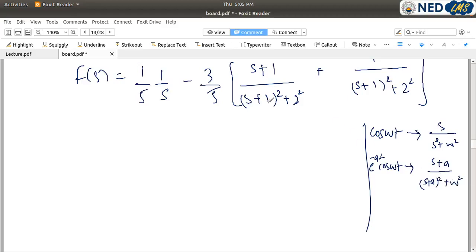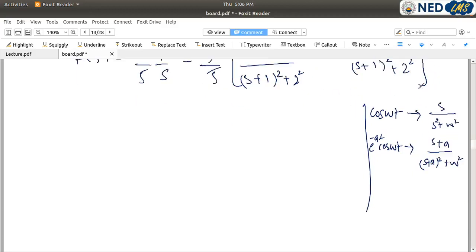Here you can see this term is exactly equal to this term, with a equals 1 and omega equals 2. So I can write this term while taking the inverse Laplace transform of this function.